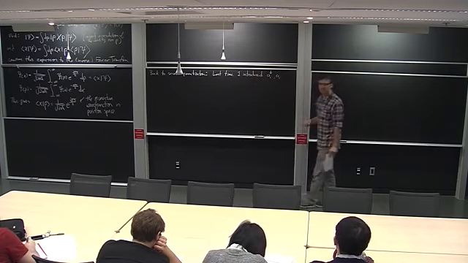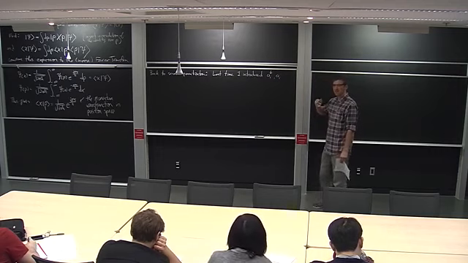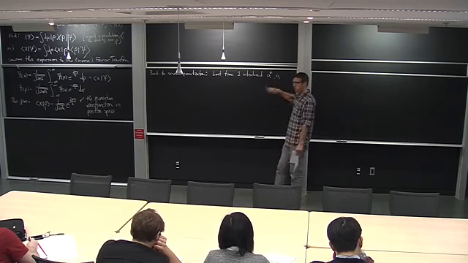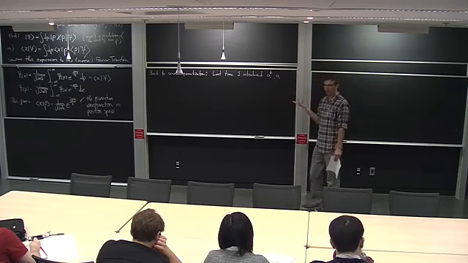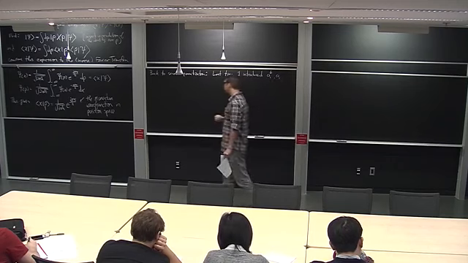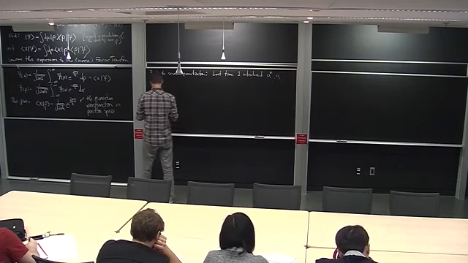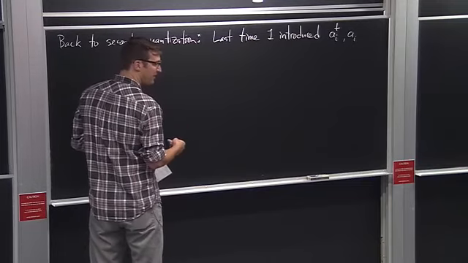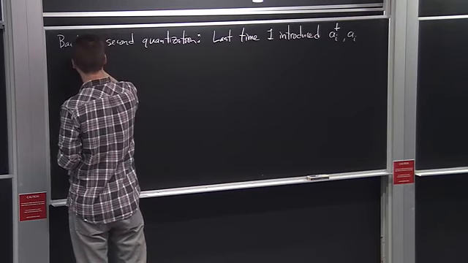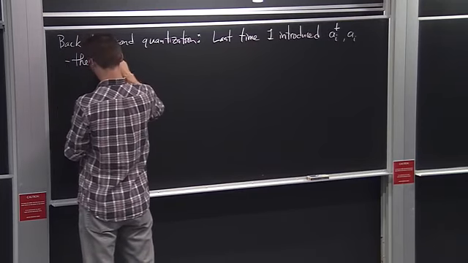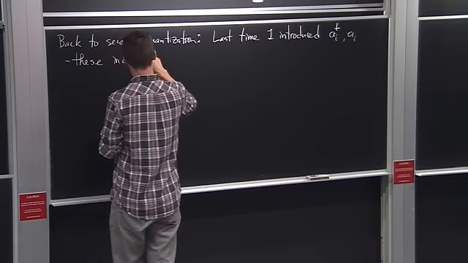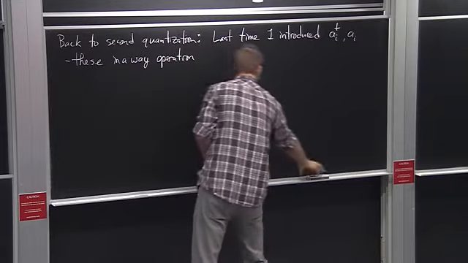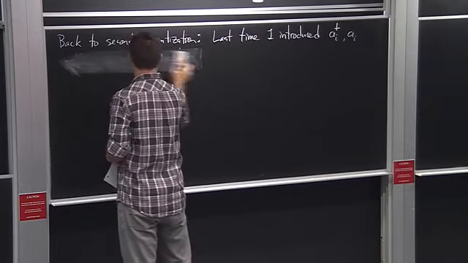And remember, they take an occupation number of that single particle state, which is labeled by i, and they raise it or lower it by 1, basically, with some normalization. So these things actually operate on a single particle state.